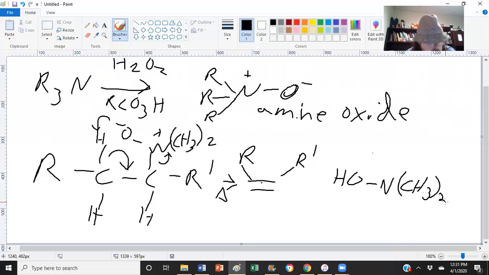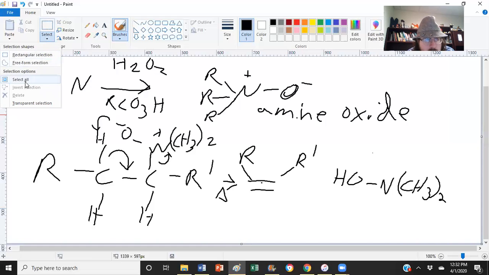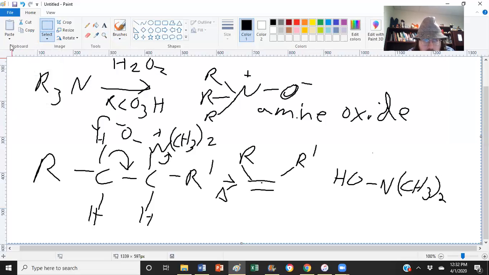Now this is a one-step concerted internal elimination, but it's also still going to form a Hofmann product. One advantage is it has much milder conditions. The Hofmann favored external alkenes, but this one would get an internal alkene from this tertiary amine. So it's just another way to form an alkene from our starting amine.